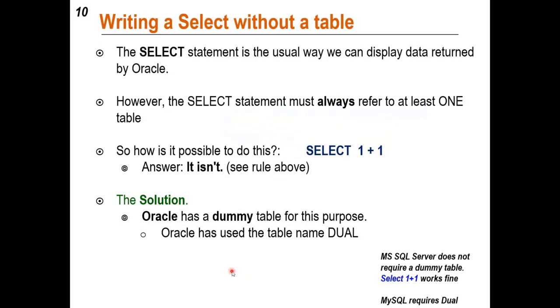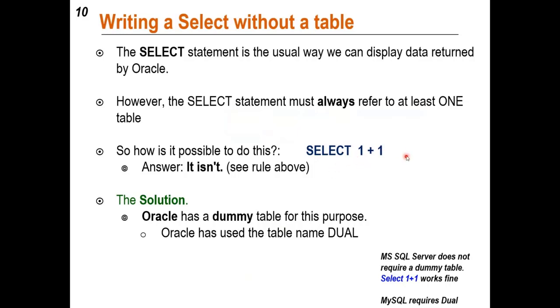Now this is a small topic again. Sometimes, before we use any tables, I want to test how my output looks. For example, if I want to add 2 numbers and find out how it looks in my output. You know that usually when you use a select statement, you must use a table, right?